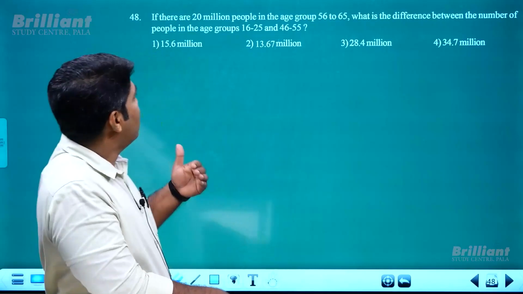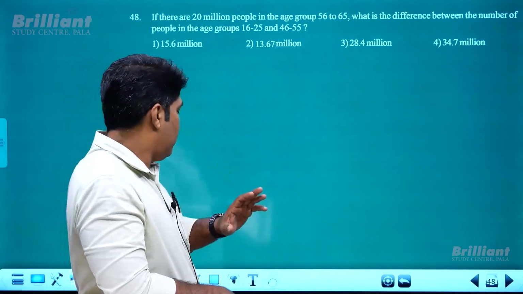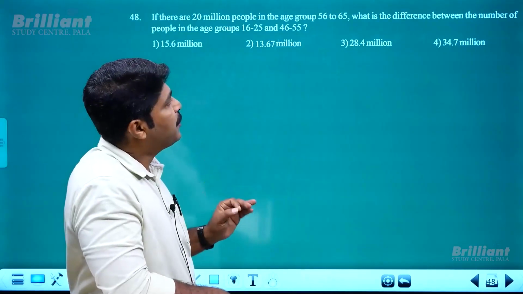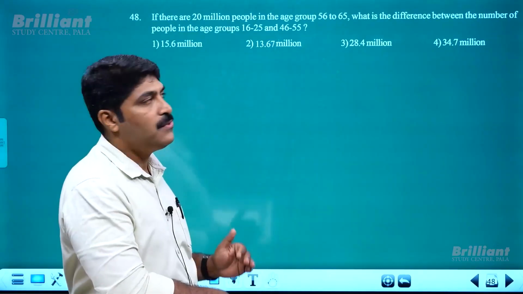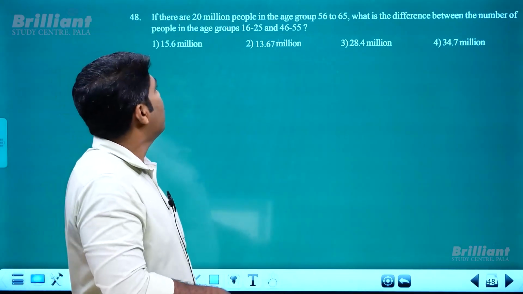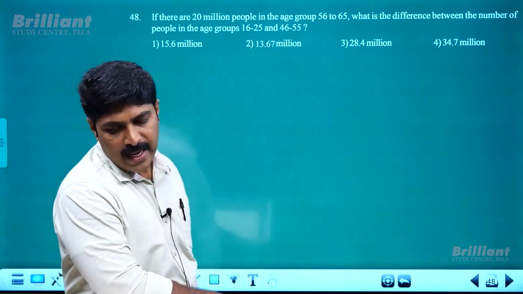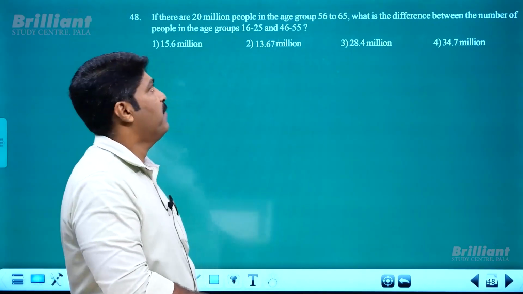Okay, consider the next question. If there are 20 million people in the age group of 56 to 65, what is the difference between the number of people in the age group of 16 to 25 and 46 to 55?